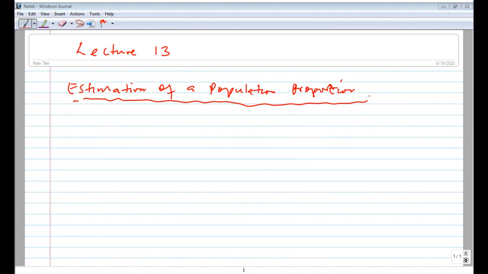You use this formula to estimate the population proportion under stratified random sampling.